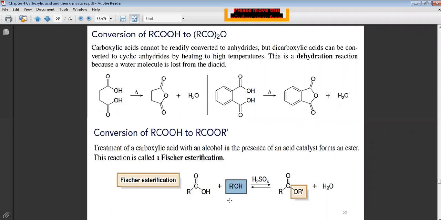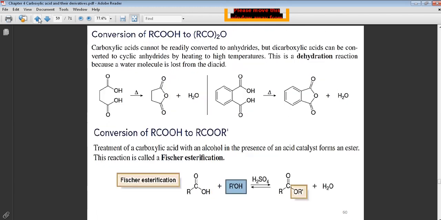So this reaction between carboxylic acid and alcohol can happen by using an acid catalyst. Now what will happen, as we said before, the oxygen will be protonated with the acid, and then to give you the carbocation, and then the alcohol easily attacks this carbocation to give you the product. I think we have the mechanism.